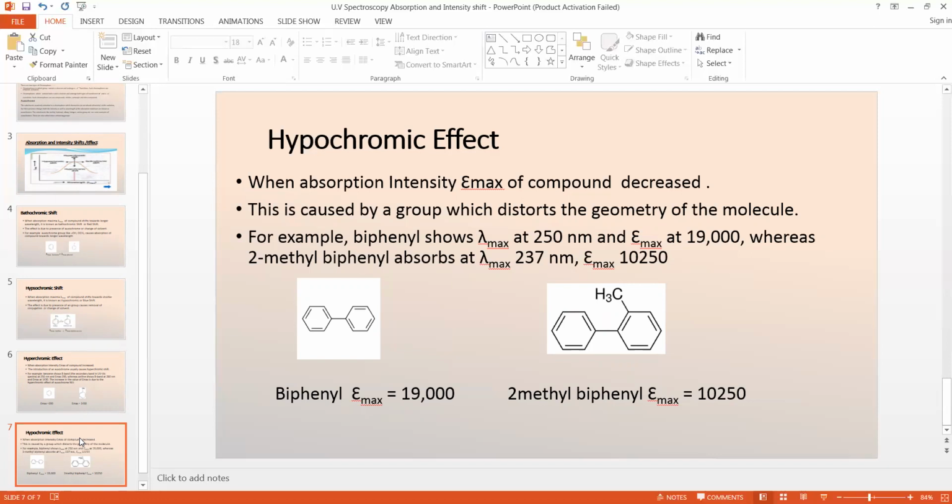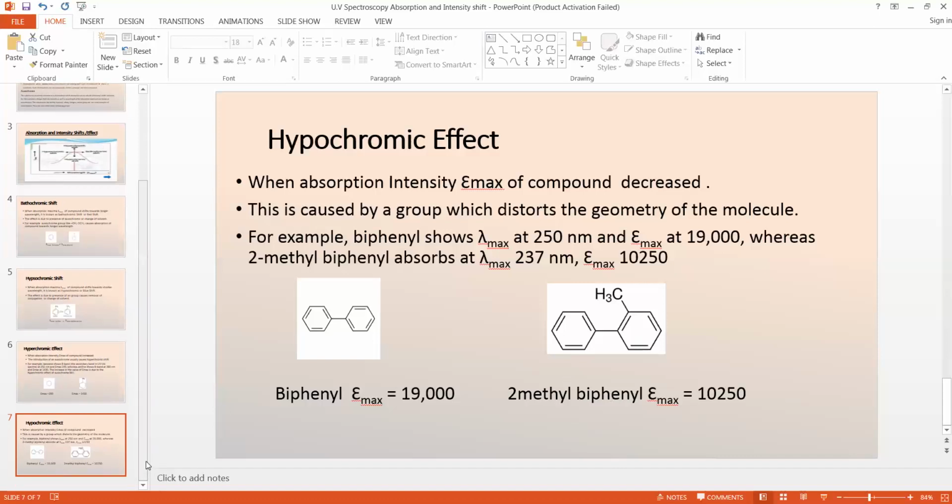In the case of biphenyl, the intensity maxima is 19000, while in the case of 2-methyl biphenyl, the intensity maxima is 10250. In 2-methyl biphenyl, CH3 is responsible for distortion of the geometry of the molecule. That's why hypochromic effect takes place, and that's why the intensity maxima of 2-methyl biphenyl is decreased. So on moving from biphenyl to 2-methyl biphenyl, hypochromic effect takes place.